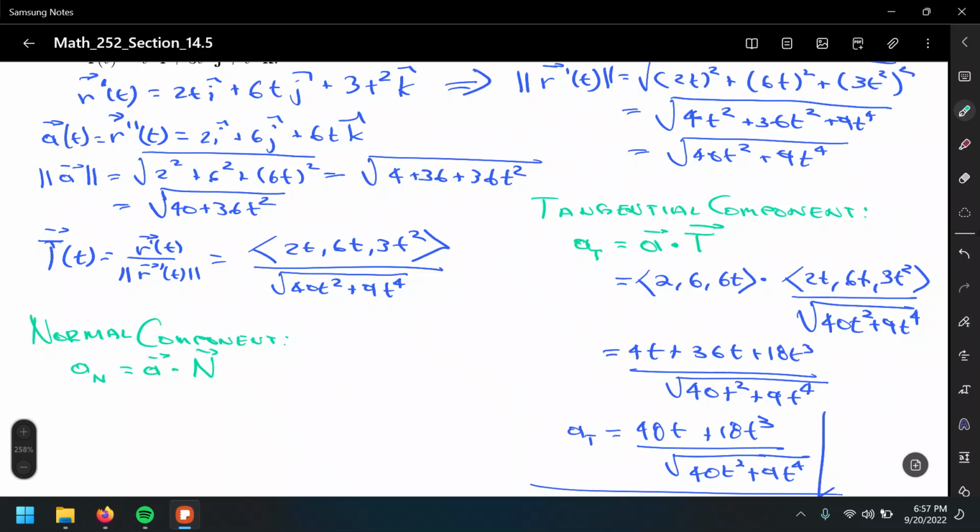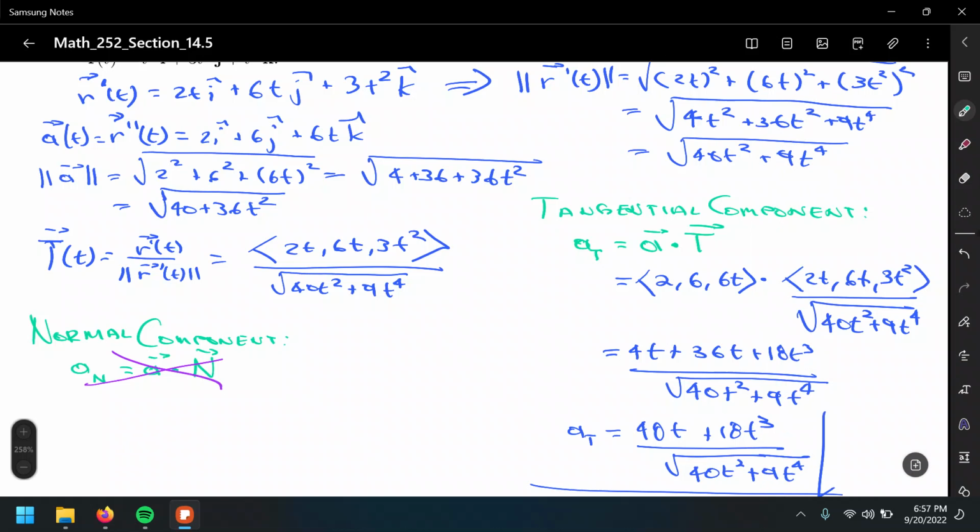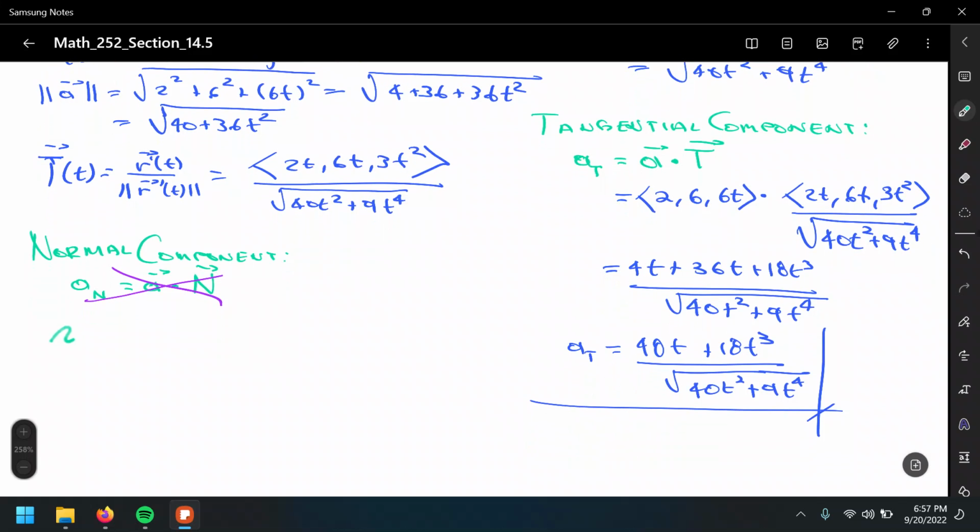So instead, okay, let me cross it out. We're going to use the alternative formula instead. And that's a sub n equals the square root of the magnitude of the acceleration vector squared minus the tangential component of the acceleration quantity squared.